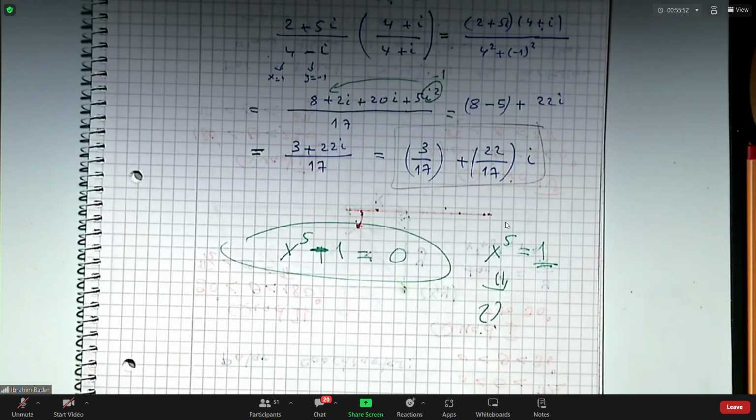If one value is a root or a solution of this equation, then you have for sure the conjugate. So that's why here I have 1 real number as a solution and 2 pairs of conjugates, if you like, that are the other 4. And I will remind you of this formula because we will need it today.